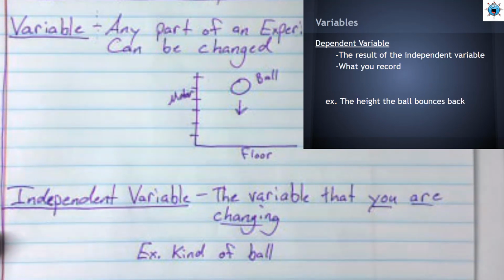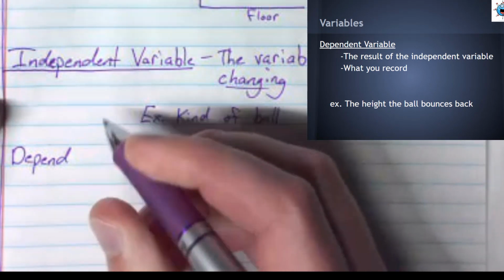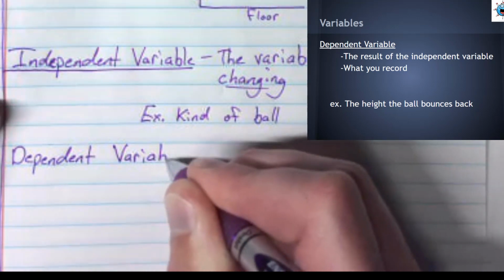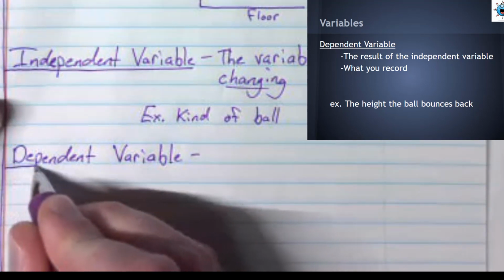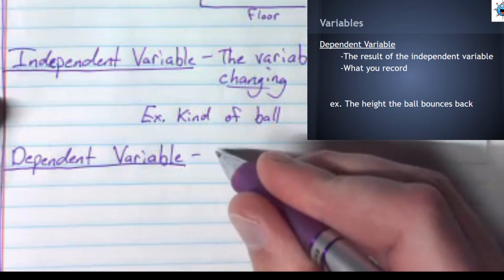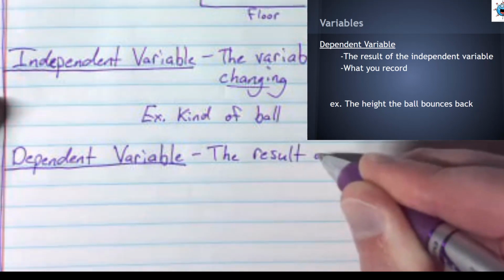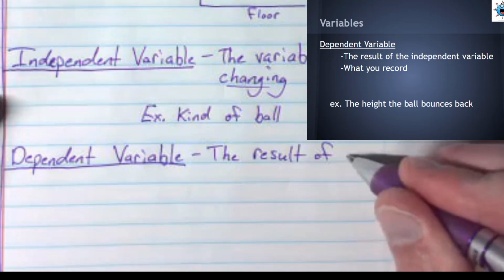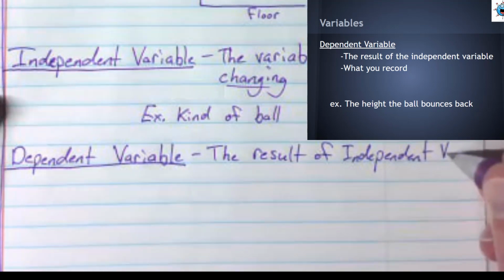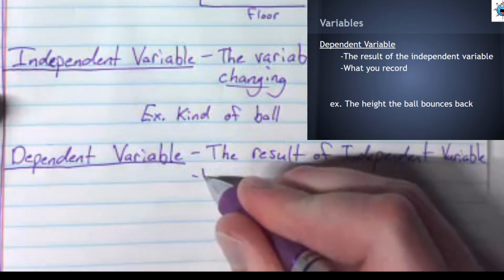So let's go to the next one, a dependent variable. All right. And this is the result of the independent variable. It's also what you record.